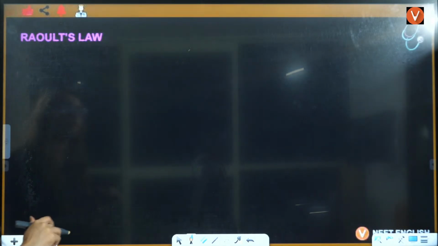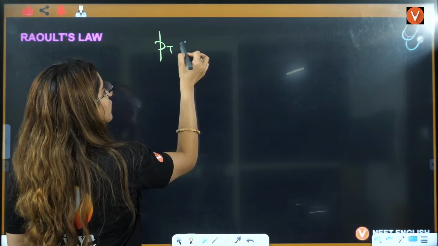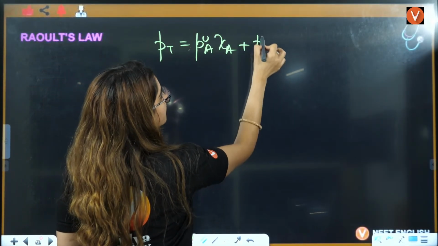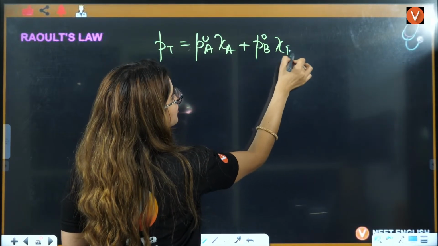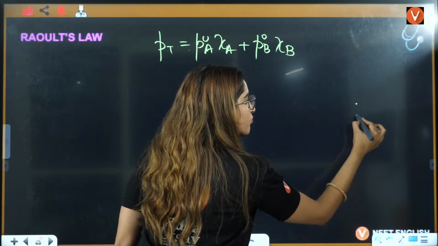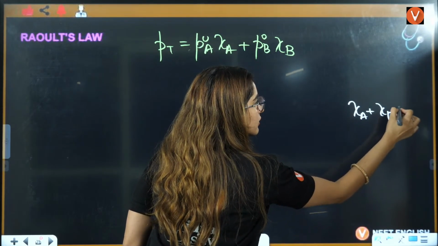Now let's solve it further. You have PT equal to P naught A times mole fraction of A, plus P naught B times mole fraction of B. You know that the mole fraction of all the components is equal to unity.